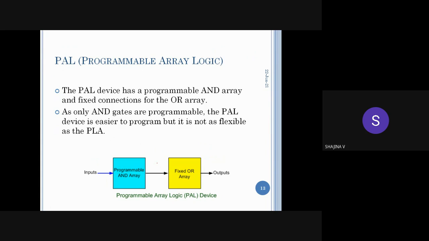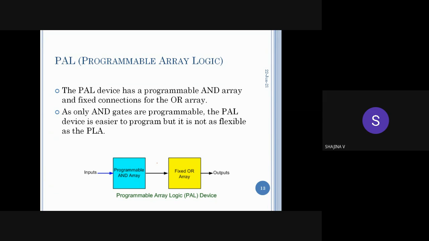ബട്ട് നമുക്ക് എന്തായിരിക്കും, ഫ്ലെക്സിബിൾ ആയിരിക്കില്ല, ബിക്കോസ് OR arrayയിലെ കണക്ഷൻസ് ഫിക്സഡ് ആണ്. സോ OR arrayയിൽ എവിടെയൊക്കെ കണക്ഷൻസ് വന്നിട്ടുണ്ടെന്ന് ചെക്ക് ചെയ്തിട്ട് കറസ്പോണ്ടിംഗ്ലി നമ്മൾ എന്ത് ചെയ്യേണ്ടി വരും, ആ പോയിന്റ്സ് ഒക്കെ കൺസിഡർ ചെയ്തിട്ട് വേണ്ടി വരും AND array പ്രോഗ്രാം ചെയ്യാൻ വേണ്ടിയിട്ട്. ഇതിന്റെയൊക്കെ എക്സാമ്പിൾസ് നമ്മൾ S3 ചെയ്തിട്ടുണ്ട് കേട്ടോ. ഇവിടെ നമുക്ക് ഡീറ്റെയിൽ ആയിട്ട് ഇല്ലാത്തതുകൊണ്ടാണ് പ്രോബ്ലം പാർട്ടിലേക്ക് പോവാത്തത്. അപ്പൊ നിങ്ങൾ ഇത്രയും ഓർക്കുക, ഇൻ പ്രോഗ്രാമബിൾ അറേ ലോജിക് we can program the AND array.